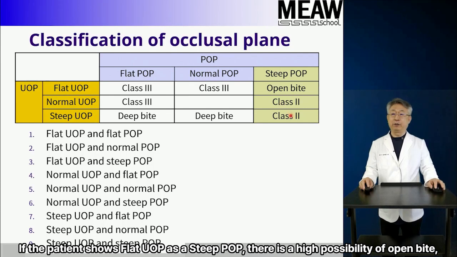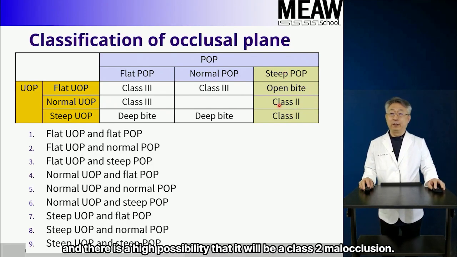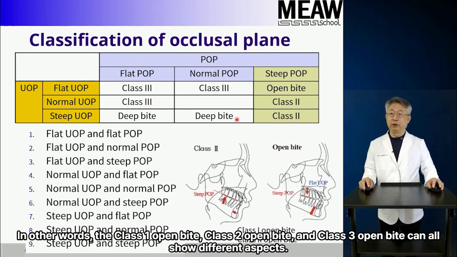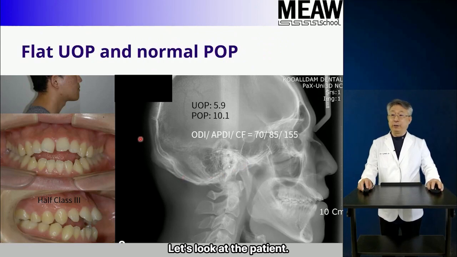If the patient shows flat UOP as a steep POP, there is a high possibility of open bite. And there is a high possibility that it will be a Class 2 malocclusion. In other words, the Class 1 open bite, Class 2 open bite, and Class 3 open bite can all show different aspects. Let's look at the patient.